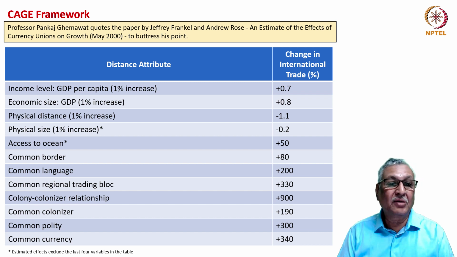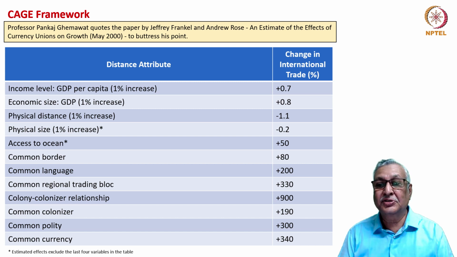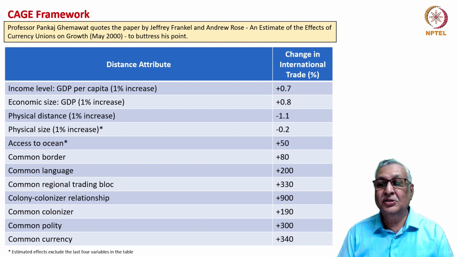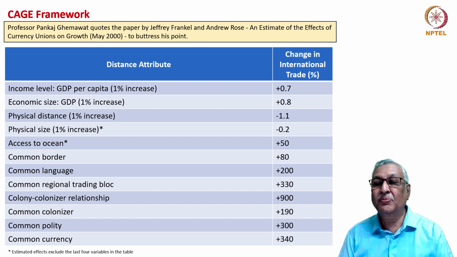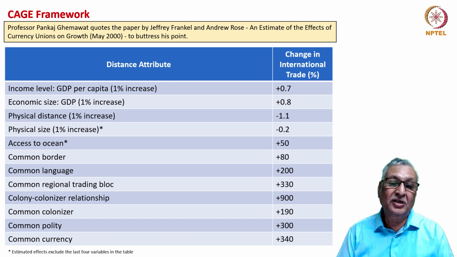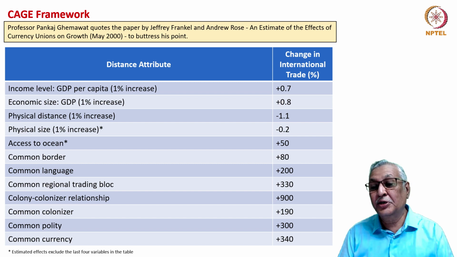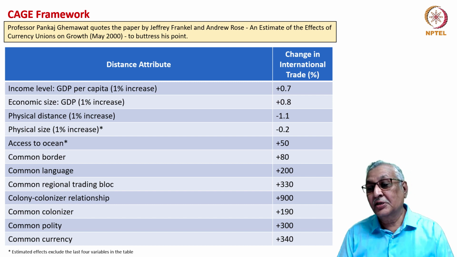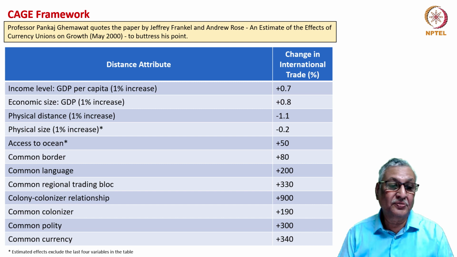For example, the income level, that is GDP per capita: if there has been a 1% increase, the change in international trade was 0.7%. If the size of the economy, that is the size of the GDP, extended by 1%, international trade increased by 0.8%. If physical distance increased by 1%, international trade actually reduced by 1.1%. If the size of the nation increased by 1%, international trade reduced by 0.2%.